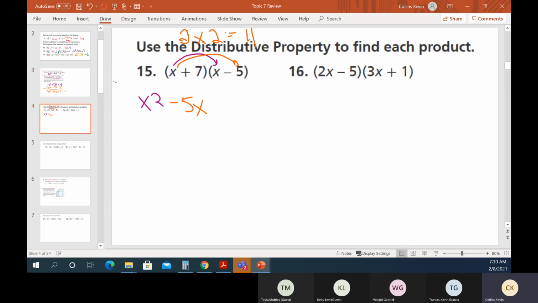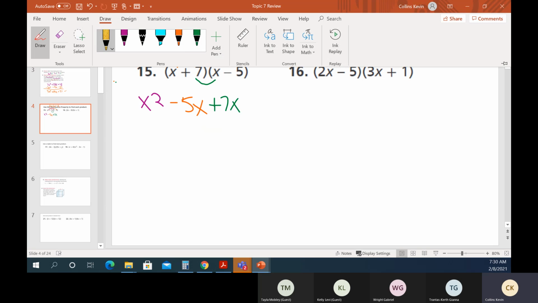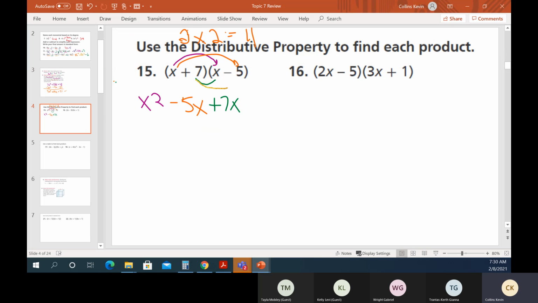So 7 times x is going to be plus 7x. And then finally, we go positive 7 times negative 5, that's going to be minus 35. So we have 4 terms, as predicted, right? So we're cool there. Pretty sure that we multiplied everybody together that we need to.